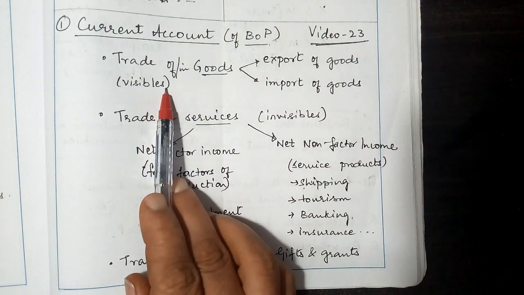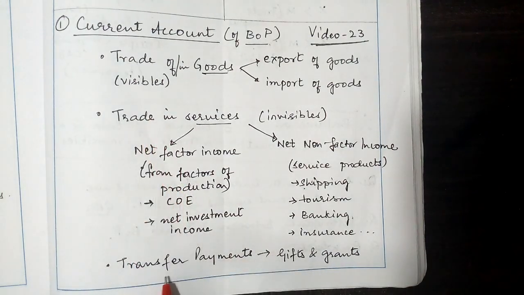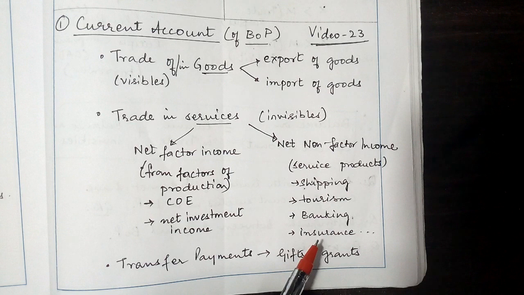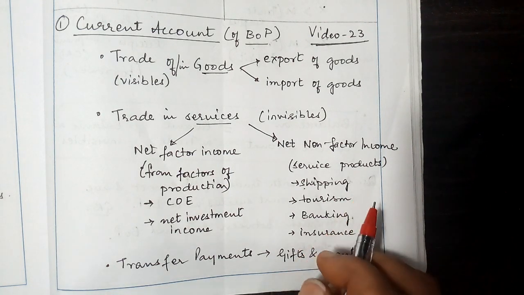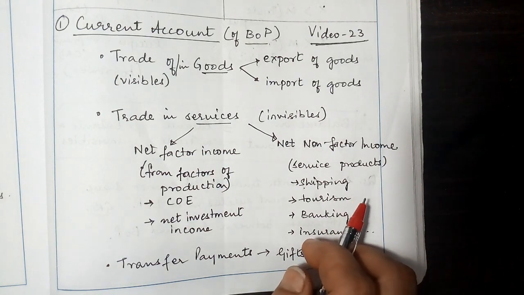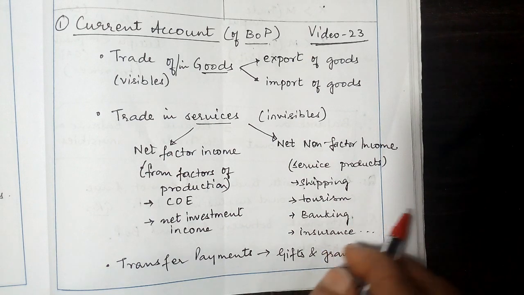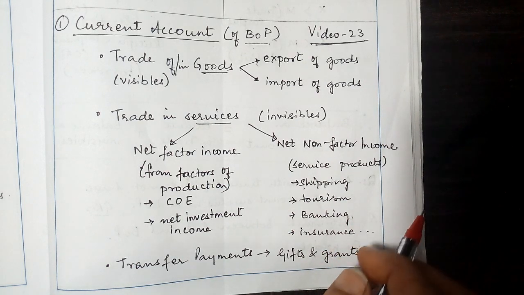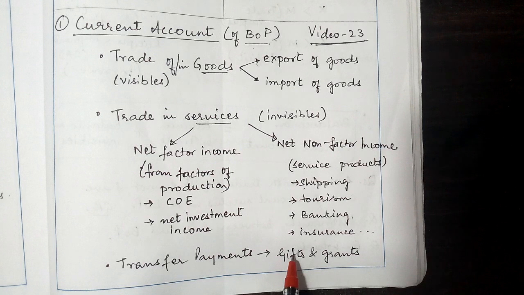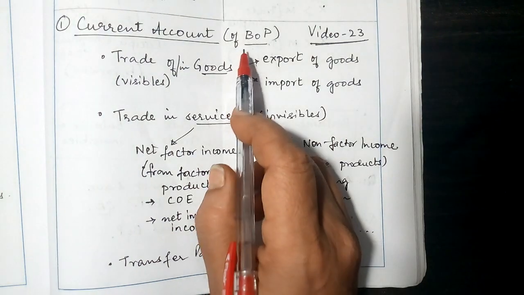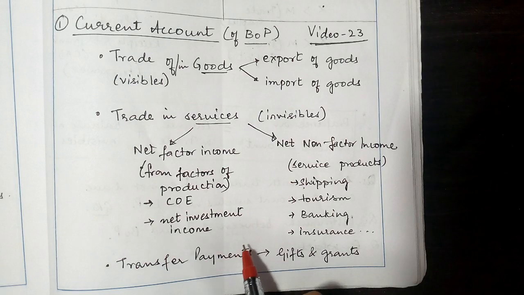Why I said two components is because the third one is transfer payment, like gifts and grants, which the residents of a country get for free. So they don't have to provide any goods or services in return. And we also learned that this is not included in the calculation of national income. However, the transfer payments are mentioned in the balance of payments. They do find a place in the balance of payments.